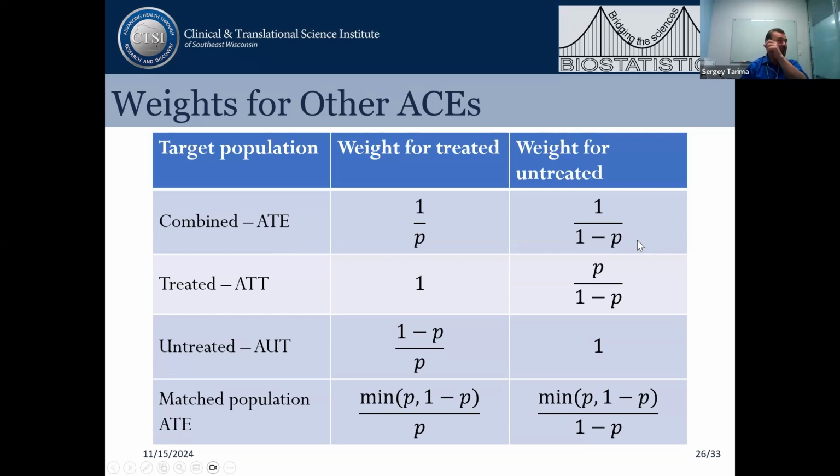This is what we considered in more detail in our example. But when we consider the other three causal effects, propensity score still can be used, and inverse probability weighting still can be used, but we have different formulas to calculate weights. Okay, so here we list these other possibilities.